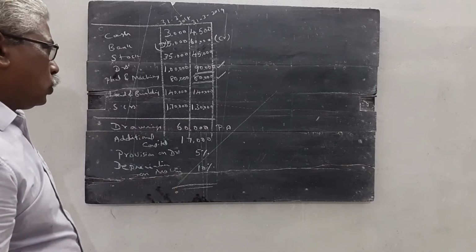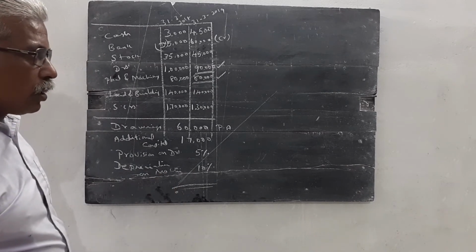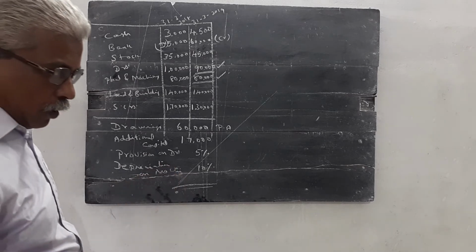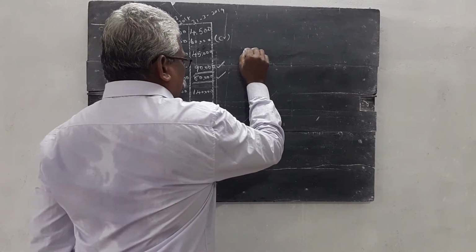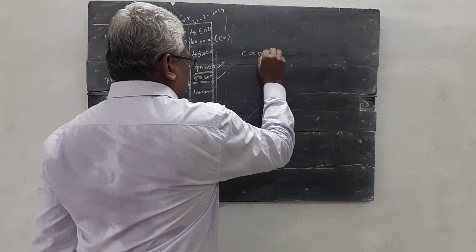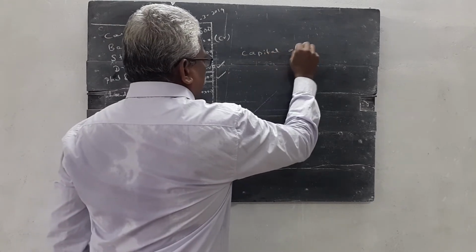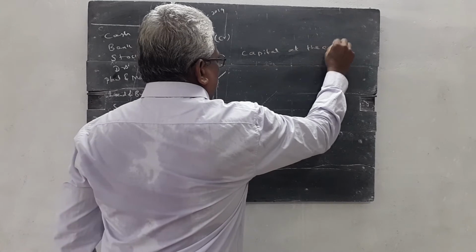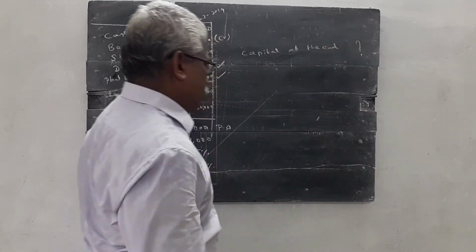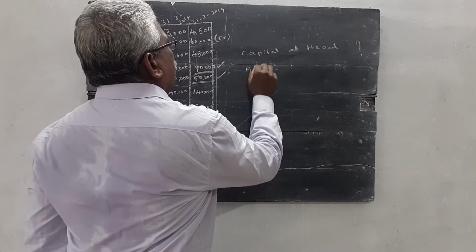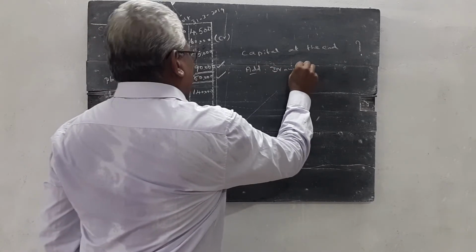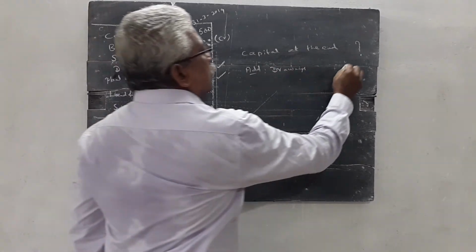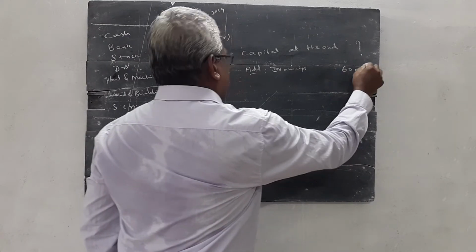So, to know the profit or loss, we prepare a statement showing profit or loss. First we write closing capital at the end. Capital at the end is not given in the question. Then add drawings. Drawings are rupees 60,000, given in the question itself.